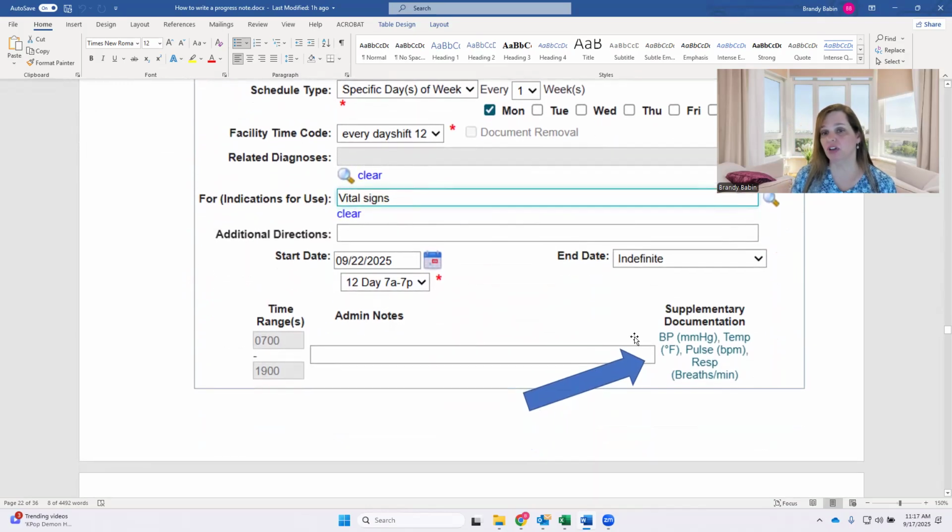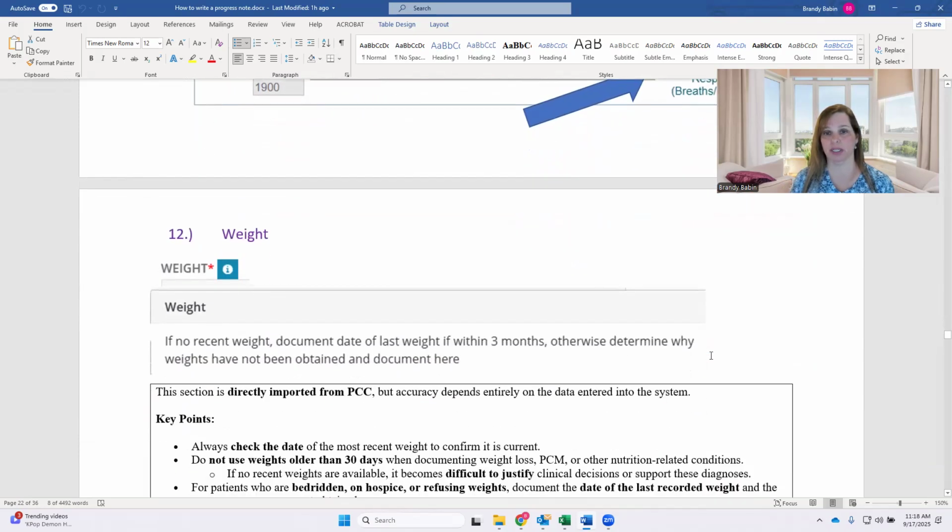And then if your supplementary documentation does not pull up your vitals, you click the button and you go in and you click blood pressure, temperature, pulse, respirations. And then if you want a blood glucose, if you want an O2 sat, you can click that. But this is how you're going to order your vital signs.